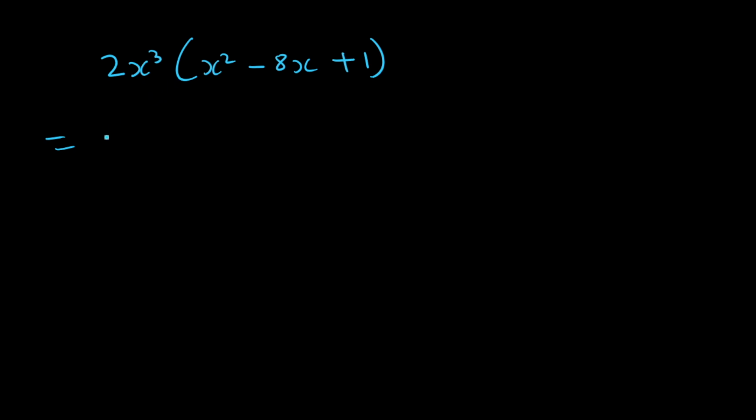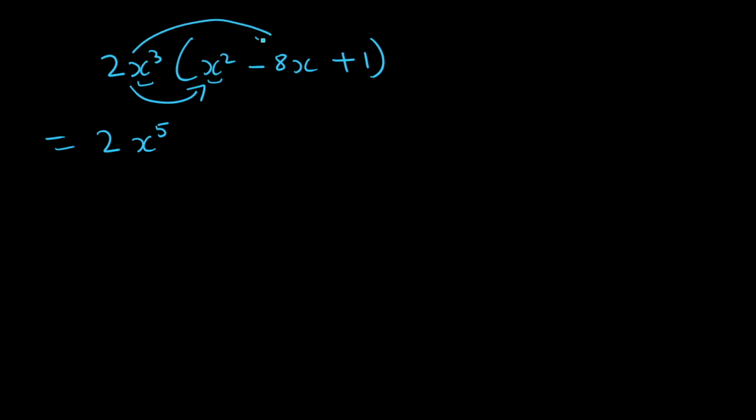Let's do this together. For the first one, 2x cubed times x squared, we get 2. And remember, when the variables multiply with each other, we simply add the exponents together. So x cubed times x squared is x to the power of 5, 3 plus 2 is 5.